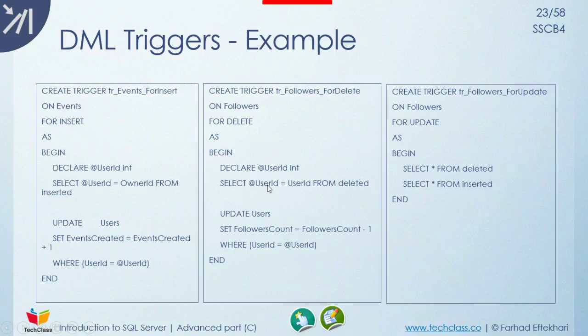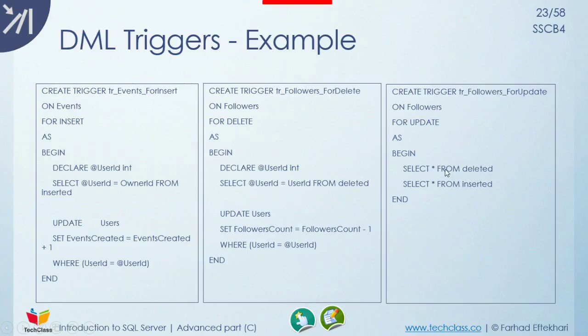And one thing that is different between update and delete and insert is the way we are getting the values. As you can see here, when you are updating a row on your database, what the database does is first delete that row and then insert a new row with new, updated information instead of that row.